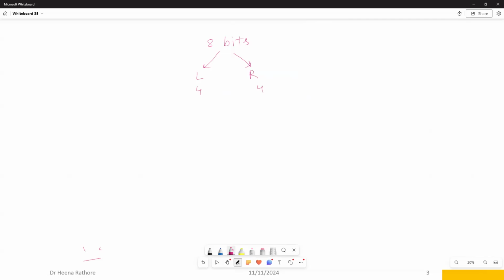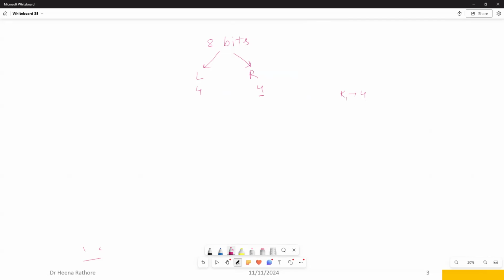You will take a key, which is generally termed a round key, and this round key should be the same size as the half bits of data that you are processing. So let's suppose your round key is also 4 bits. Then you will perform some simple calculation.